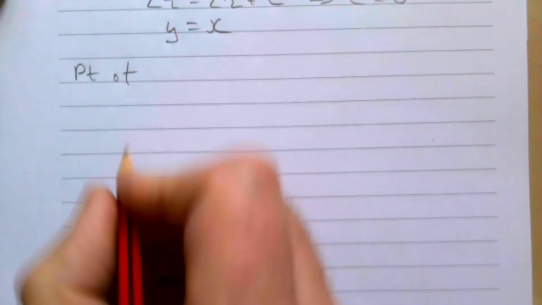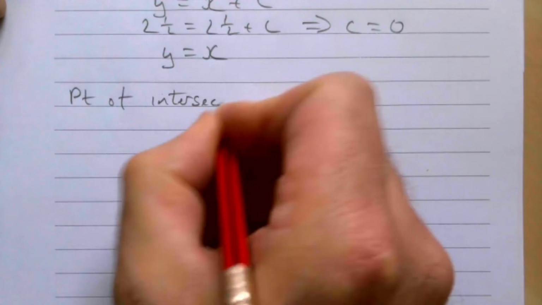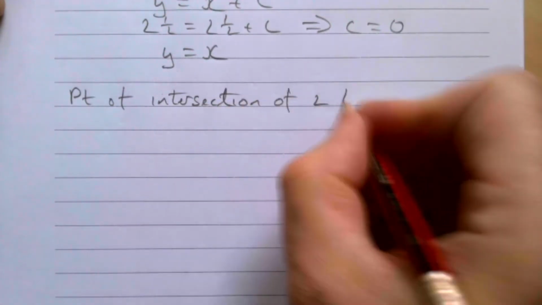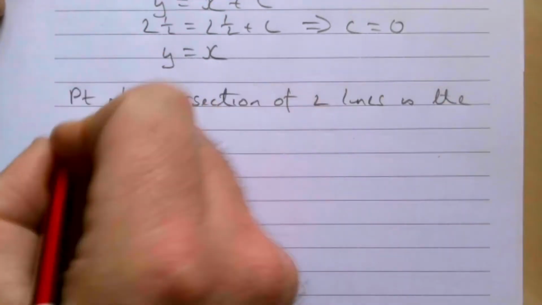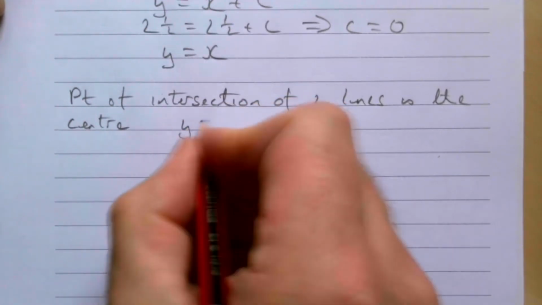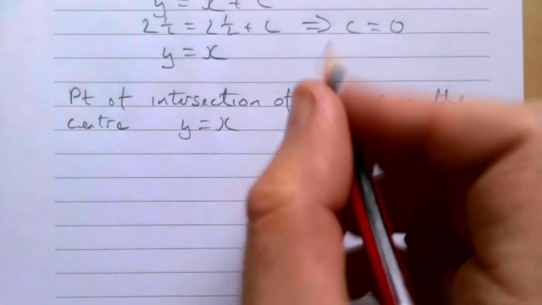So the point of intersection of the two lines is the center. So y equals x, and my previous one, y equals a half x plus 3.